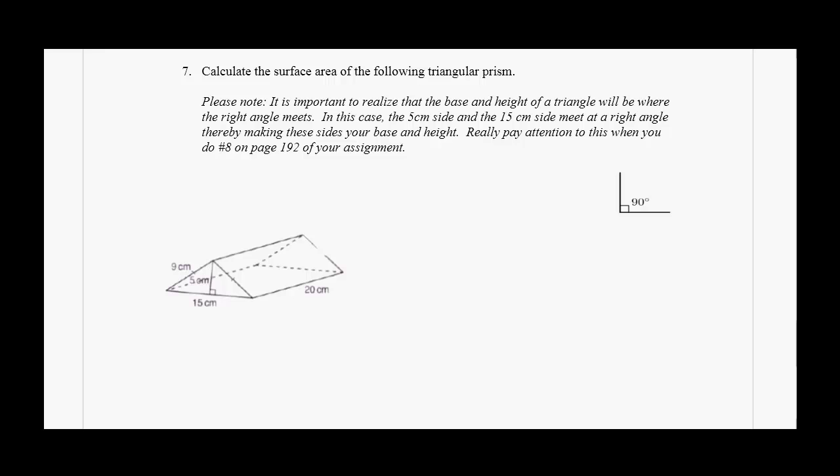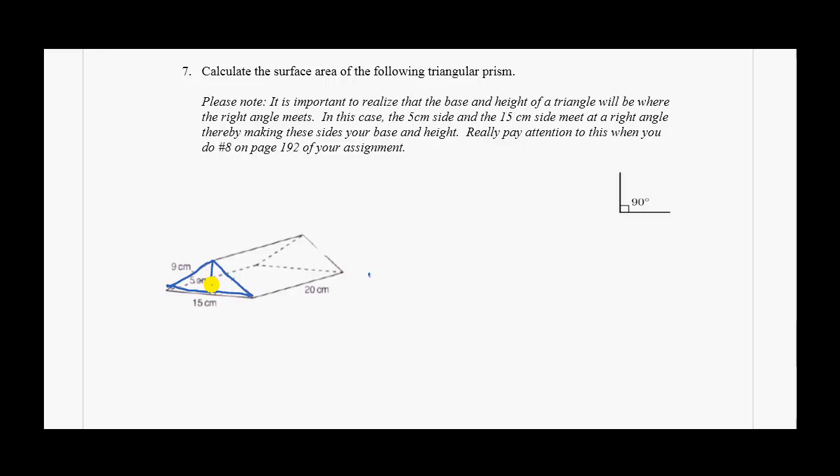So when we look at the following diagram, we see that it is a triangular prism. It has 2 bases, and the bases are triangles. Now you'll notice on this triangle in particular, there are 3 measurements provided. We have a height of 5 centimeters, we have a base of 15, and then there's a diagonal measurement of 9.